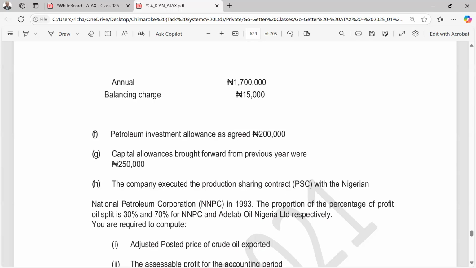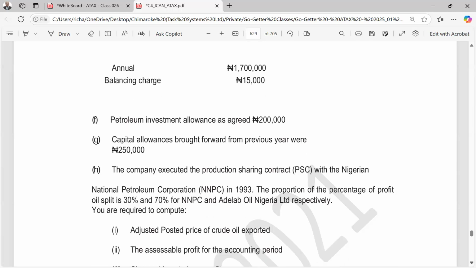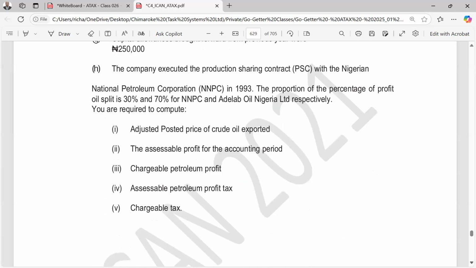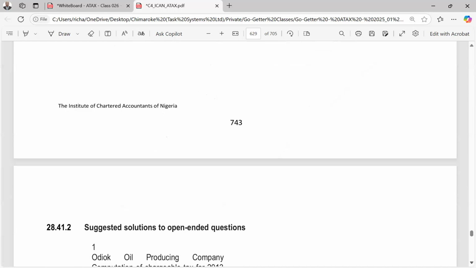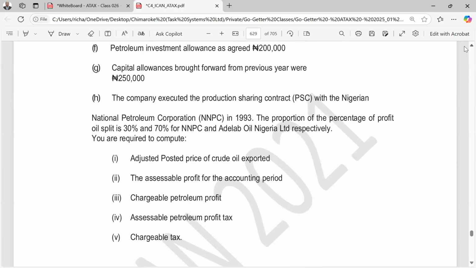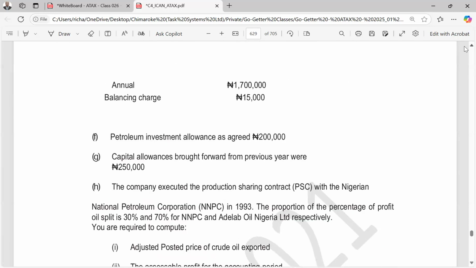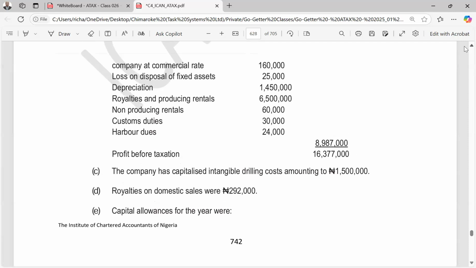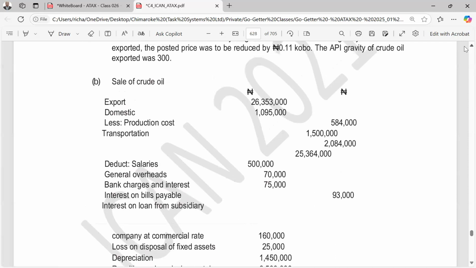So this production sharing contract. I was trying to see one that has gas that they will give you.